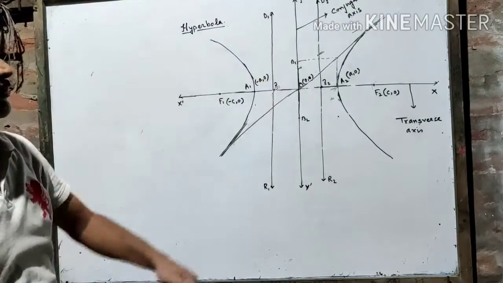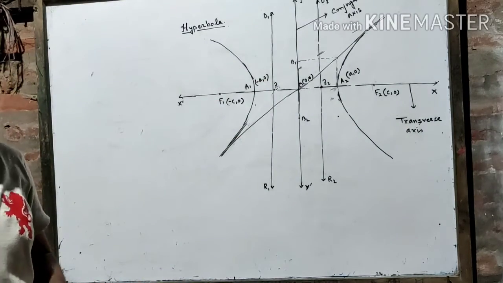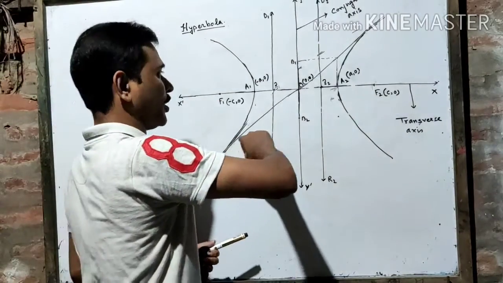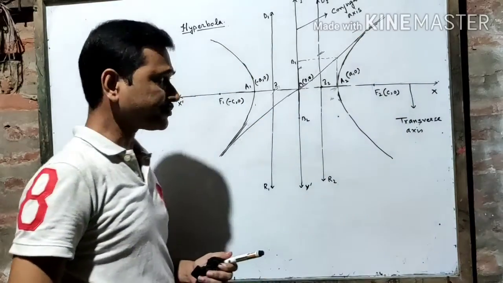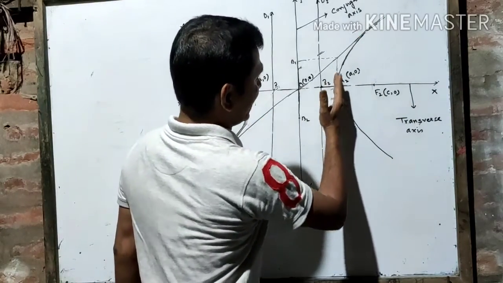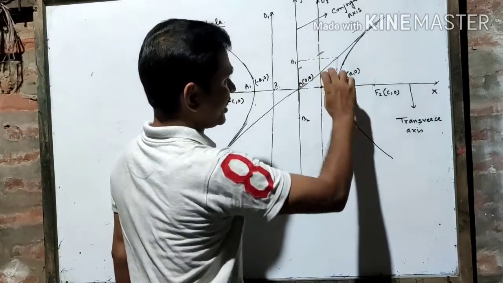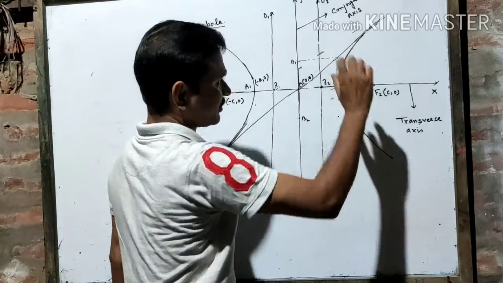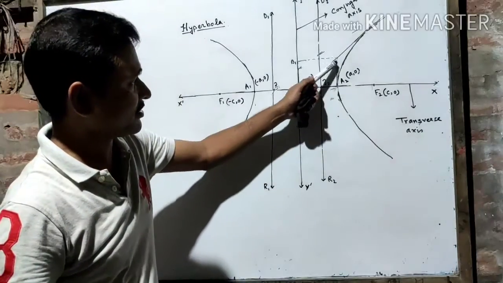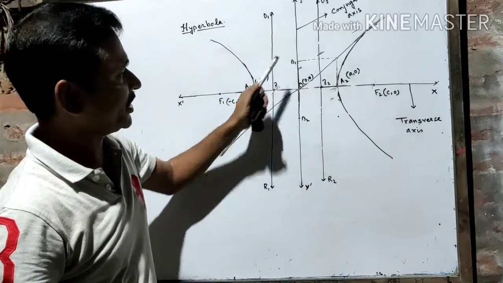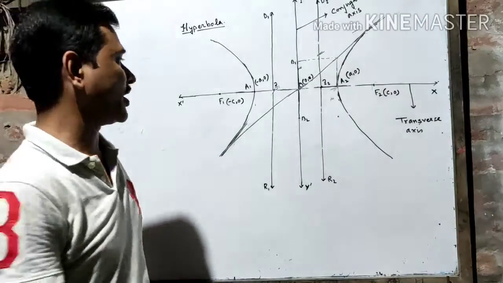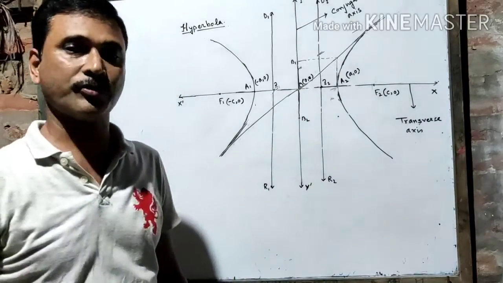This length B1B2 is the length of the conjugate axis. How to find it? Draw a tangent passing through the origin, then draw a line parallel to the conjugate axis up to the tangent, and this length will be the length of the conjugate axis. OB1 is the length of the semi-conjugate axis and B1B2 is the length of the conjugate axis.